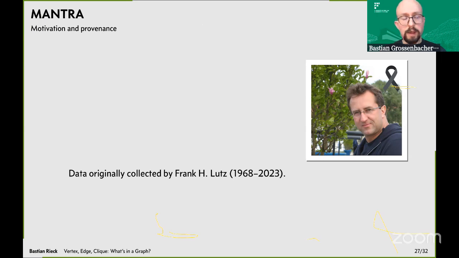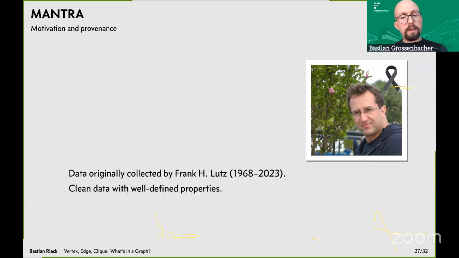It was really a big oeuvre that he was dealing with. He unfortunately passed away, but we are trying to carry his legacy forward with this data set, and of course with other things as well.